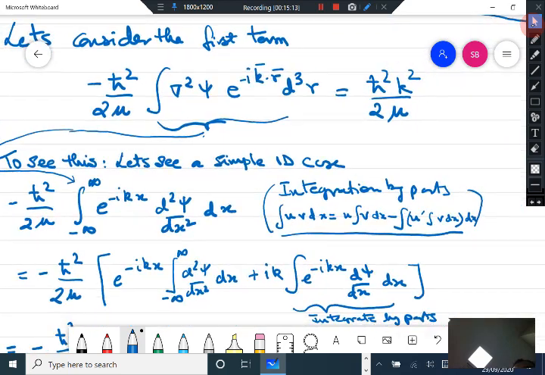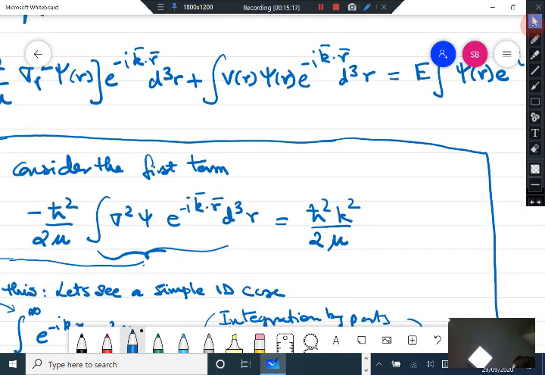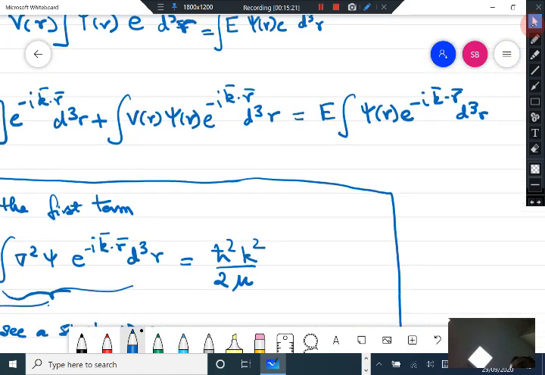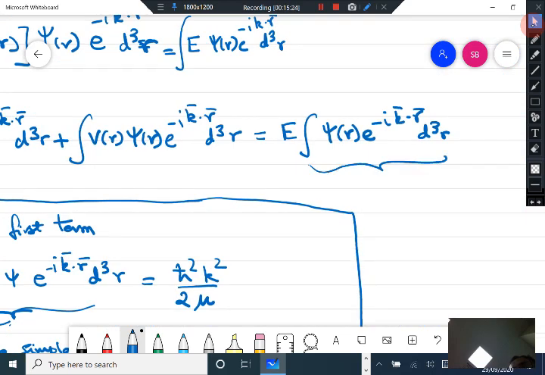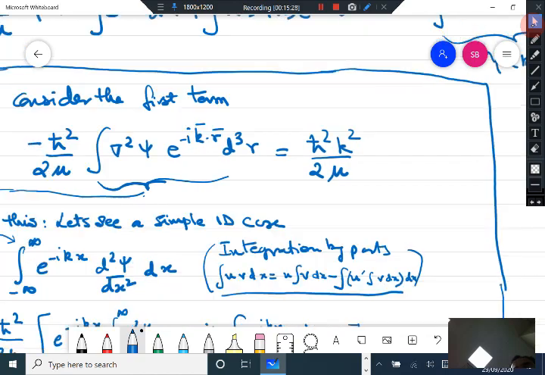The second term we will simplify further, and the third term is nothing else but ψ(k).